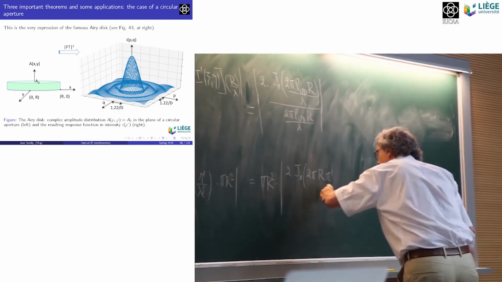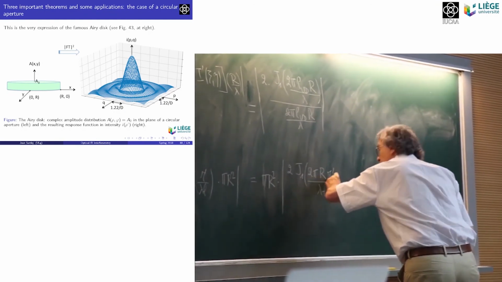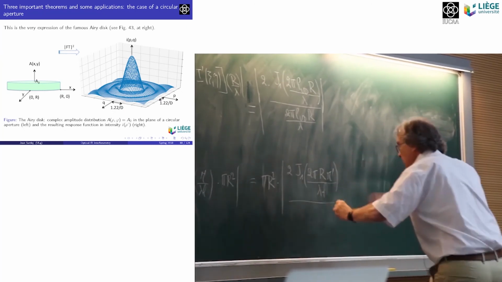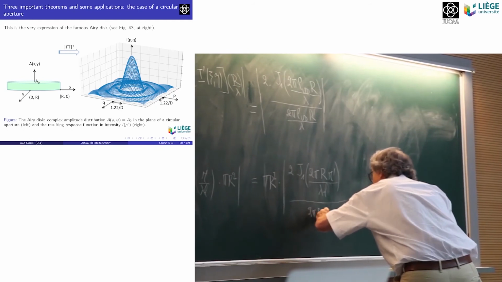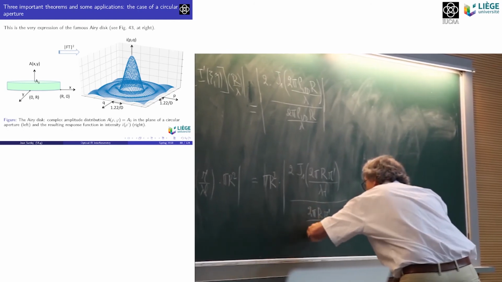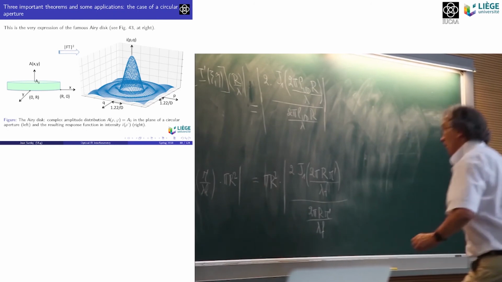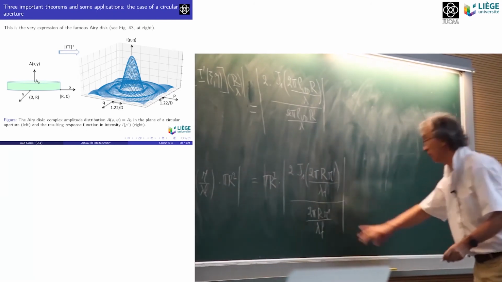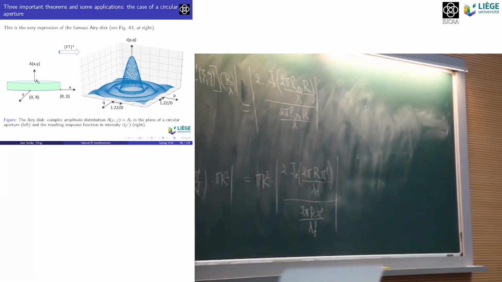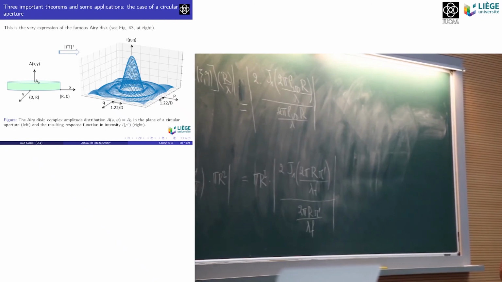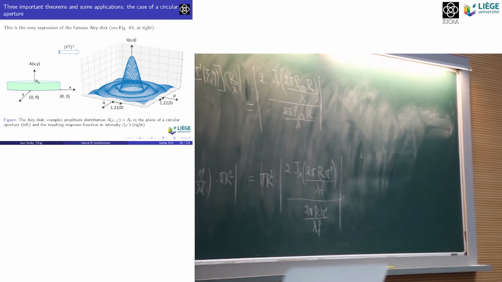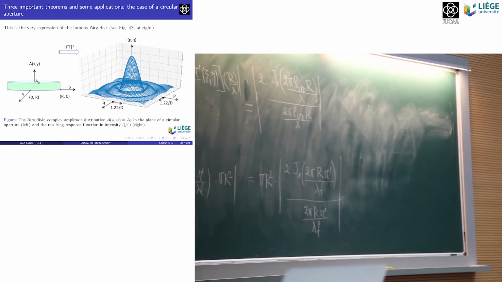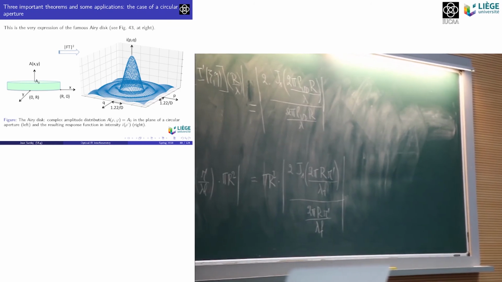So I write R prime over lambda f, and then I divide by the same quantity, 2 pi r times r prime over lambda f. And I take the module. You agree with that or not? Well, you just have to find the corresponding change of variables, but it's trivial. One has to concentrate, and it's not difficult.